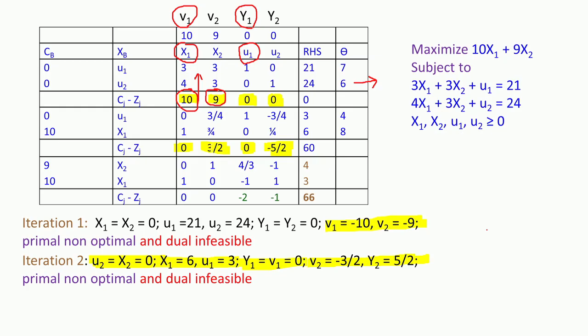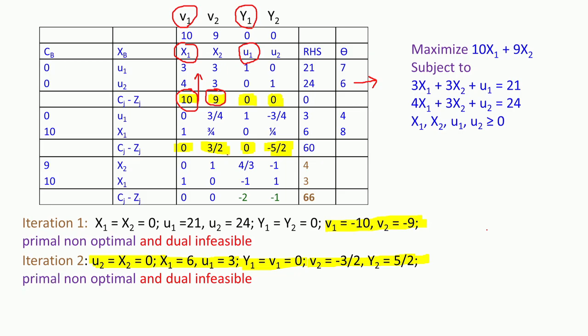So v2 is negative, therefore it is infeasible, and therefore we look at Cj minus Zj again. This variable comes into the solution with a positive Cj minus Zj, and then we do one more iteration and finally get x1 equal to 3, x2 equal to 4.